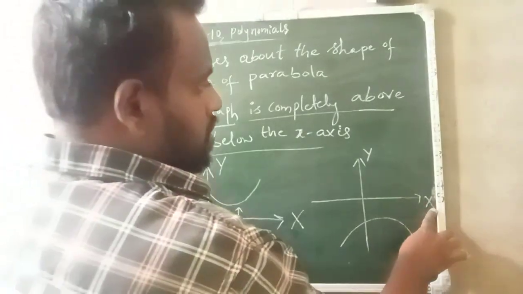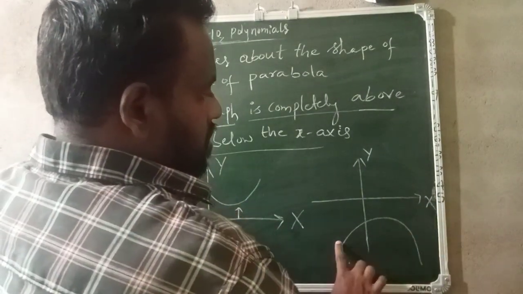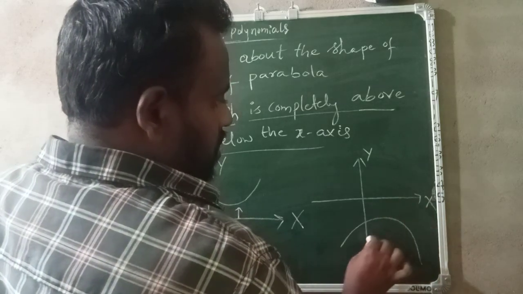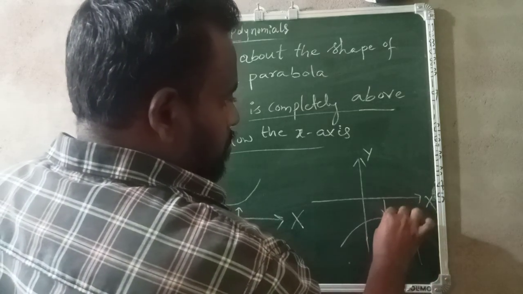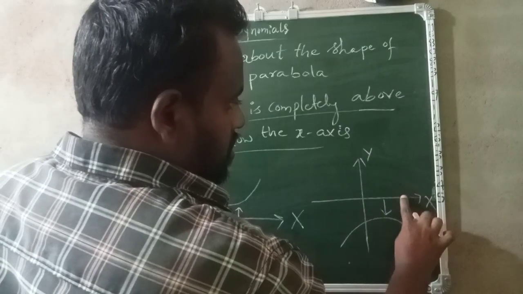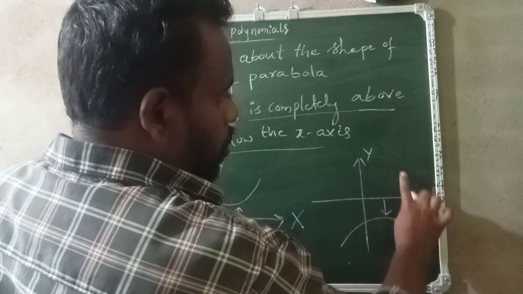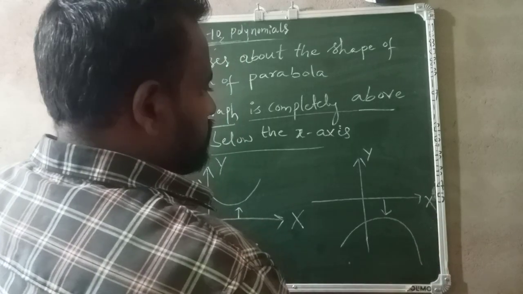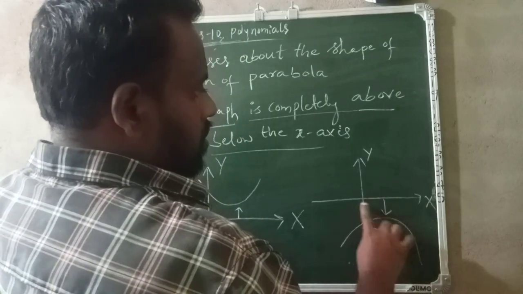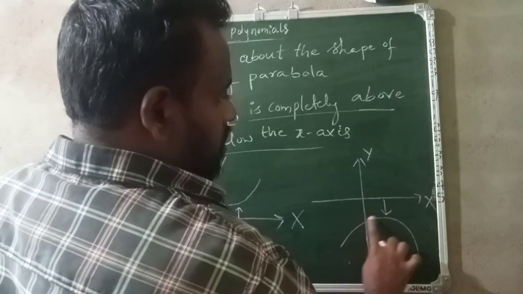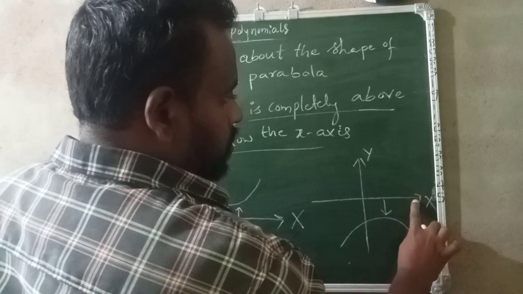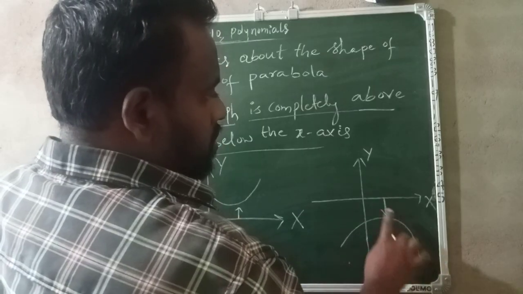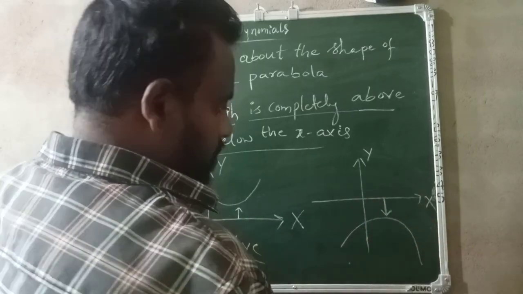Here you can see this is x-axis. This curve is not touching or cutting this x-axis, and you can see it lies below, right? This is x-axis. If the curve lies here, this is above. If the curve lies here, this is below the x-axis. This curve is present below this x-axis, and it is not touching the x-axis at any point.